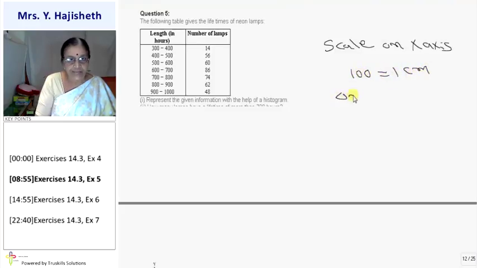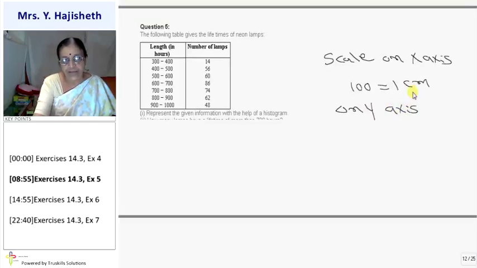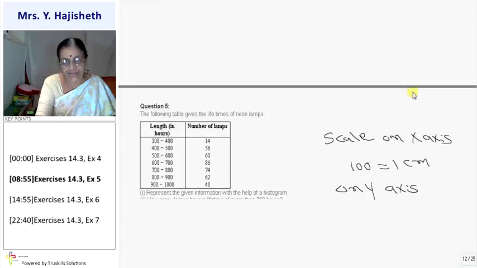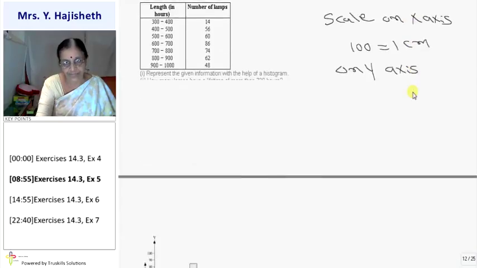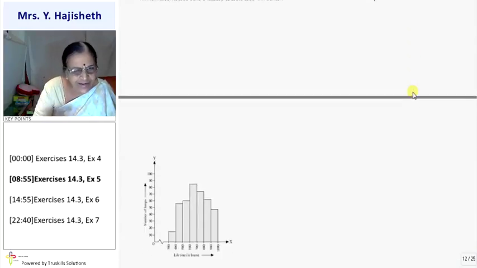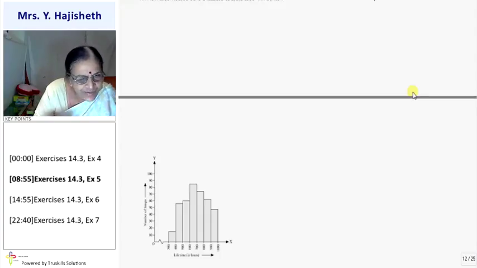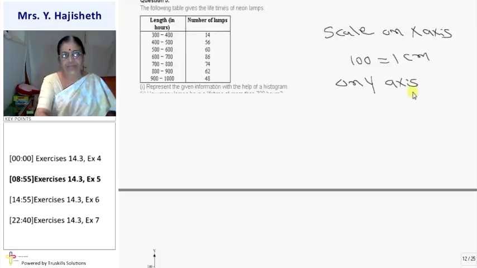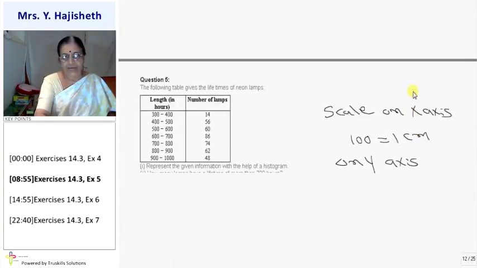And on the y-axis, we are taking 10 equal to 1 centimeter. Okay?